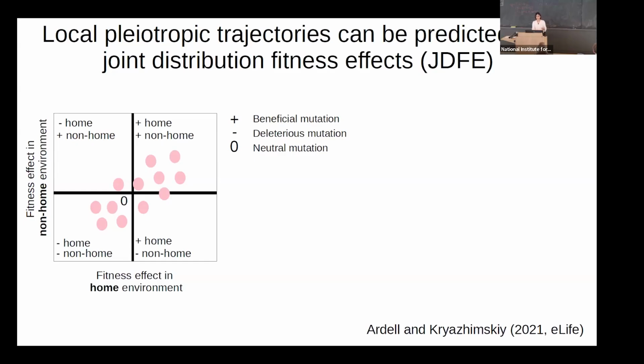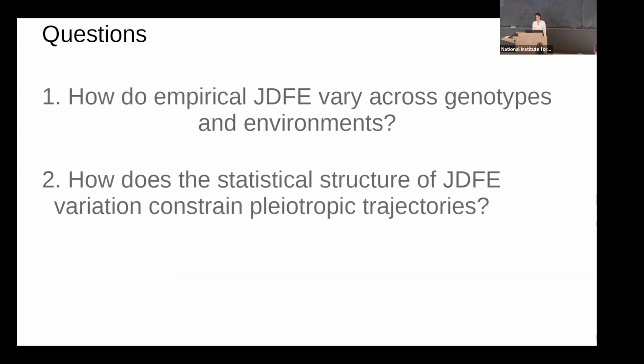And this can be used to predict pleiotropic trajectories for a given genotype. You have something that looks like this, where we only focus on the beneficial mutations, and beneficial mutations in the home environment are on average also beneficial in the non-home environment. So we would expect fitness to simultaneously increase in both the home and non-home environments.